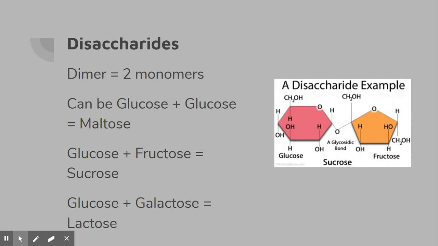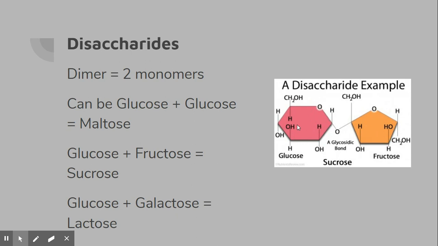Glucose plus fructose is sucrose, which is table sugar. So here you see the hexose glucose molecule and the pentose fructose molecule, and together they form a bond here in the middle, which is called a glycosidic bond. Glyco means sugar, okay? Glycosidic bond, and that is table sugar.